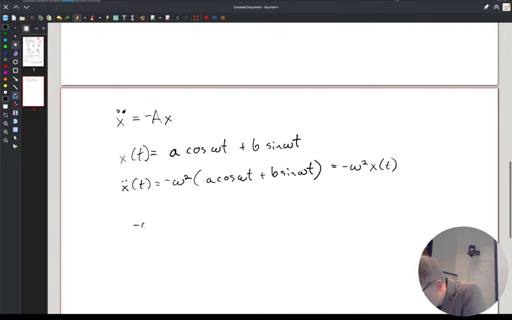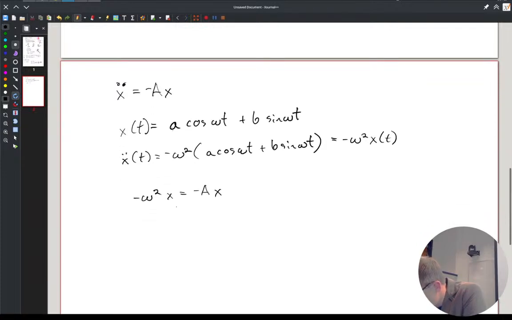So now negative omega squared x equals negative a x. So omega is the square root of a.